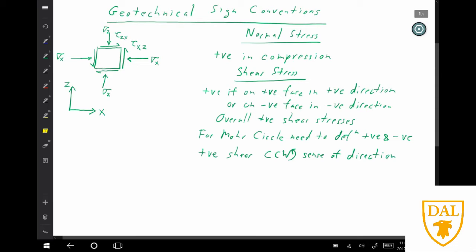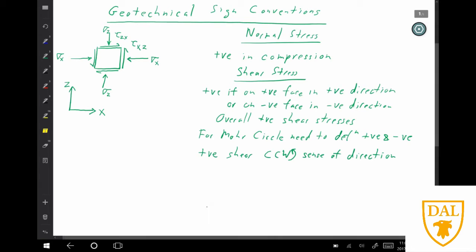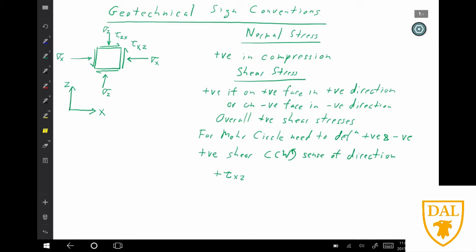So in that case, you can see that tau xz is tending to move the block in a counterclockwise direction, so that's positive. So positive tau xz, and tau zx tends to oppose that, so we can define that as negative.